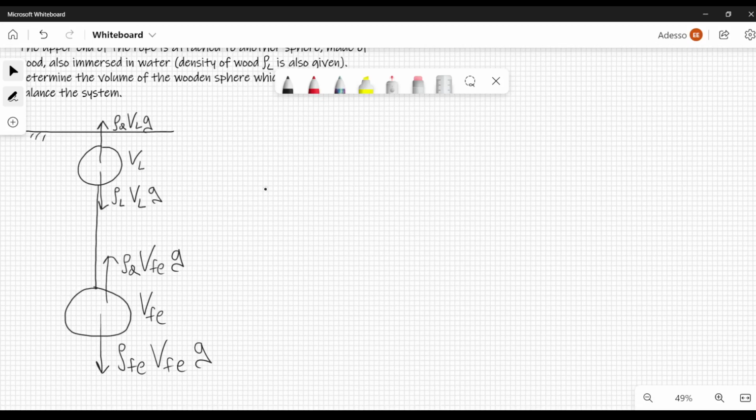And we can simply consider the sum of the forces pointing upwards, and we have to set it equal to the sum of the forces pointing downwards. So we have rho A VL G plus rho A VFE G. So this is the volume of the iron sphere.